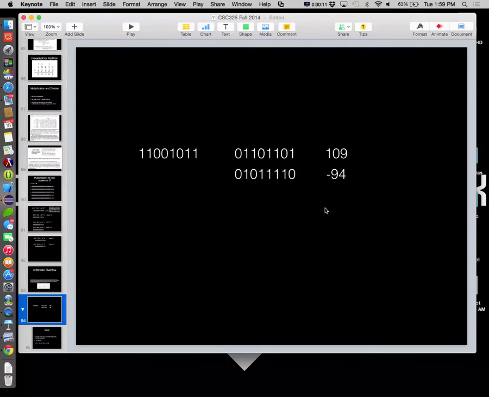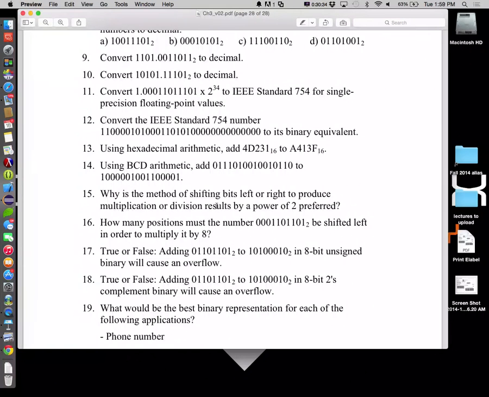So negative 127 to positive 128? No, other way. Negative 128 to positive 127. Fits, right? So that works as well. Ultimately, the question we're asking is, will the final result fit in the container that we have built to hold it? Okay.